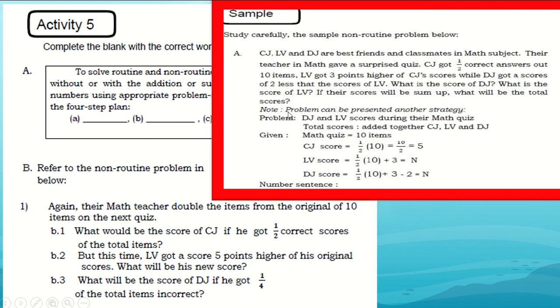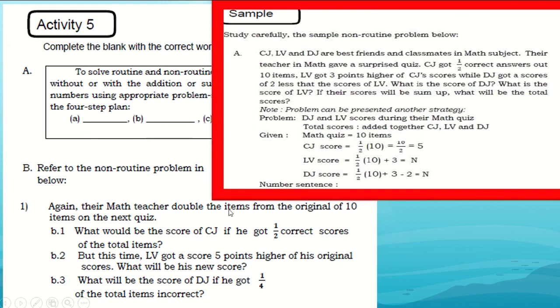Okay. Dito nyo i-refer yung problem na to, yung answer dito. Kaya lang, sabi dito, again, their math teacher doubled the items from the original 10 items on the next quiz. So, if this is 10 items, ilang items dito if it is doubled?